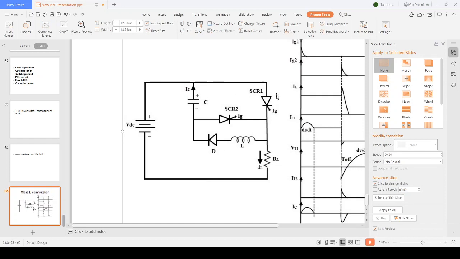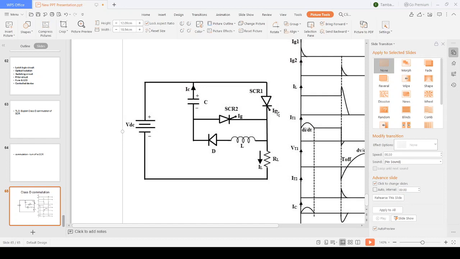That means at the start of the experiment, SCR1 is triggered, SCR1 is turned on. There are two different currents flowing in the circuit, the load current and the discharge current of the capacitor IC, and they have a sinusoidal nature.